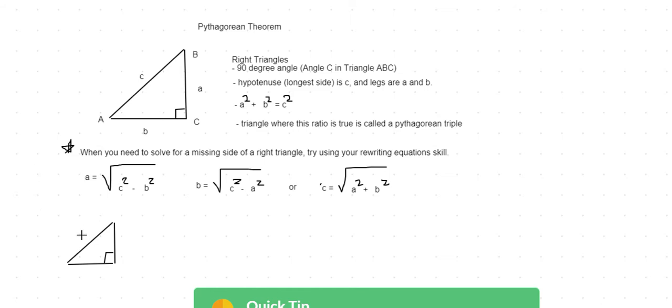Bear with me. Let's say that I give you 3 here, 4 here, and then I need you to find c in this case. Now c is the hypotenuse, right? So your original formula here is a squared plus b squared equals c squared.